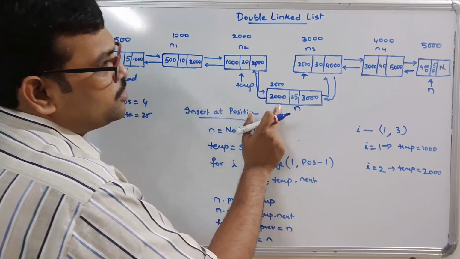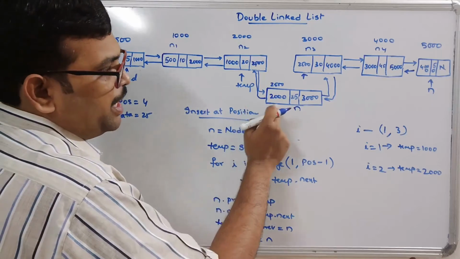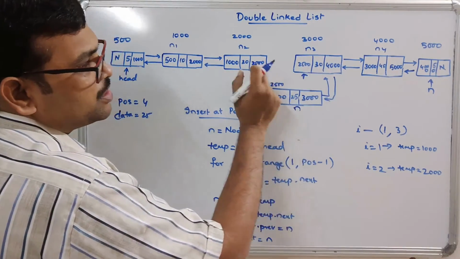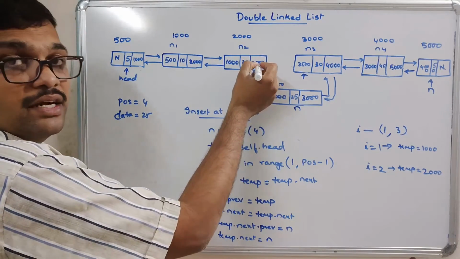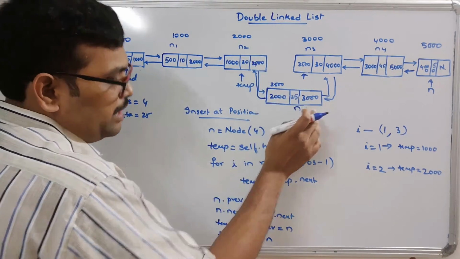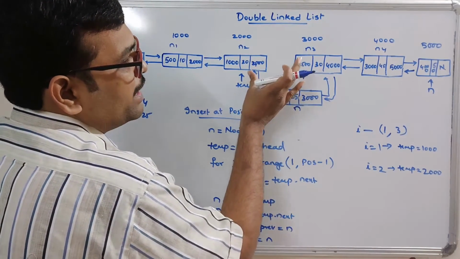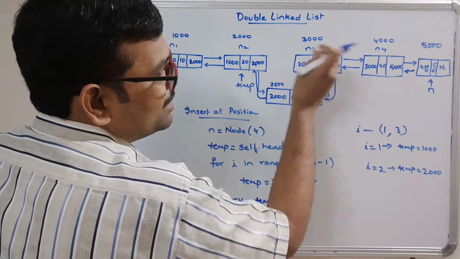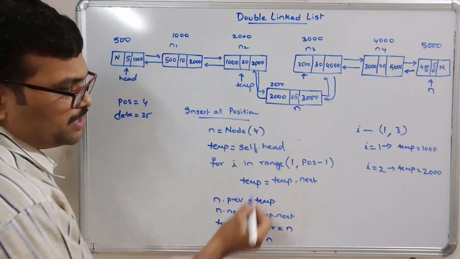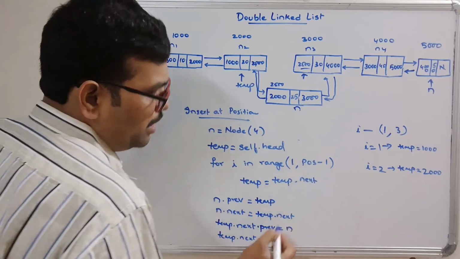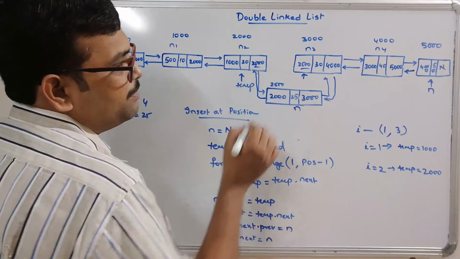So n dot previous should be temp, and n dot next should be temp dot next, because initially temp dot next is here itself. Then we need to change the positions of temp dot next and the next node's previous. So I am taking temp dot next dot previous is equal to n, so that it will be changed, and temp dot next equal to n, this will be changed.